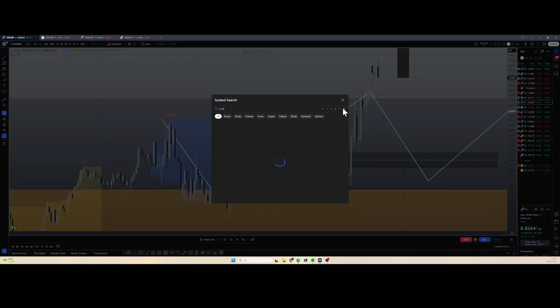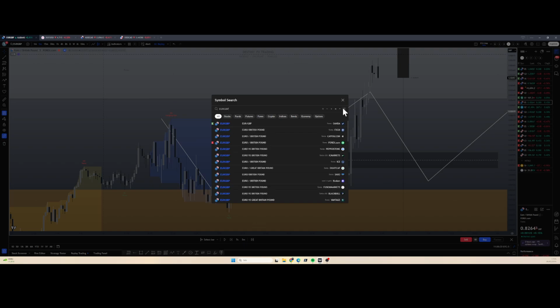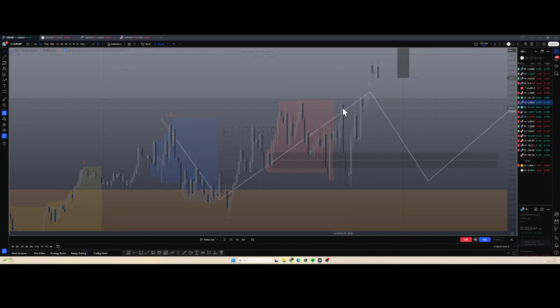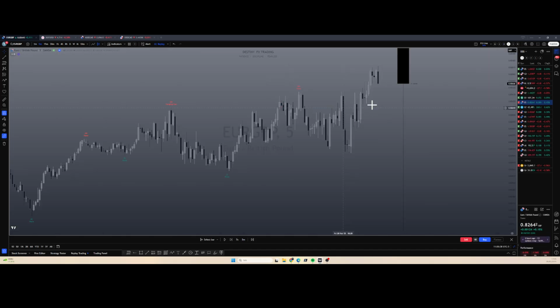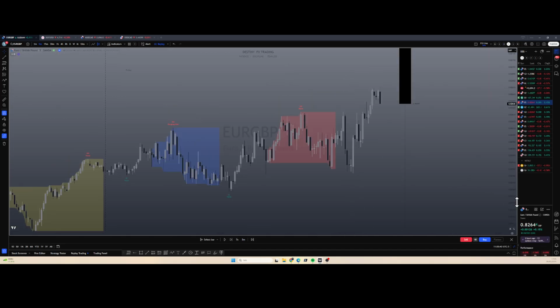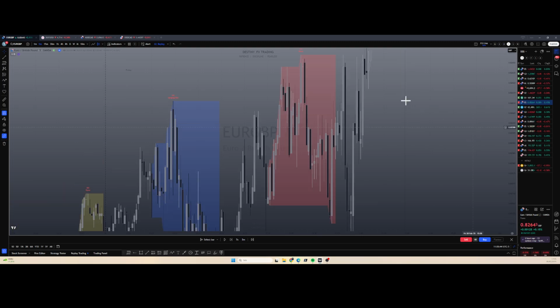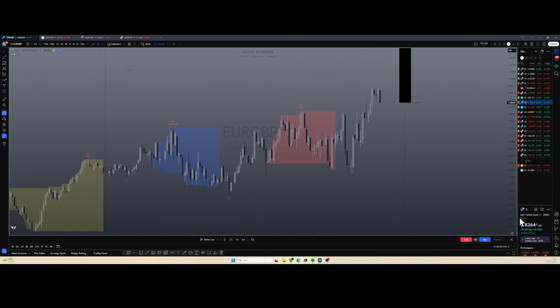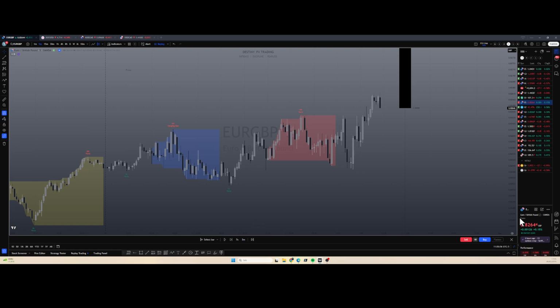Let's look at Oanda and see how it looks on Oanda. Here you can see that this is also a higher high, I think. Yeah, it looks like a higher high, but on the MT5 it looks like a lower low.